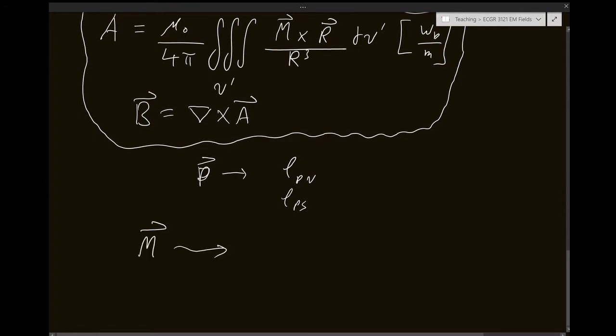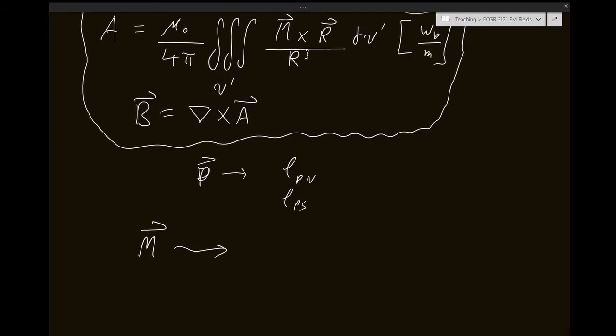electric flux density fields typically arise from charge distributions, right? We said M has the same units as the magnetic field intensity H. So what do we expect M to give rise to?